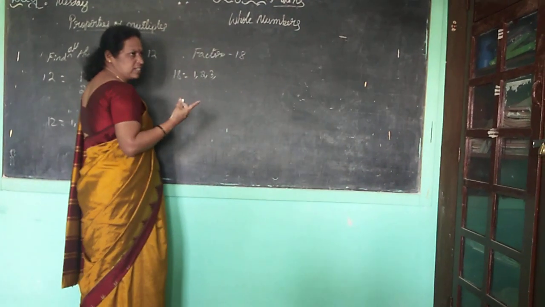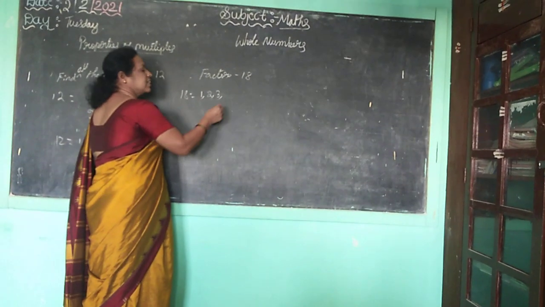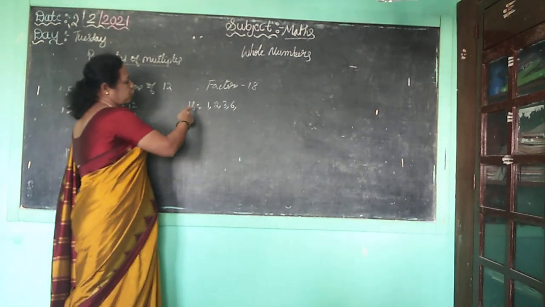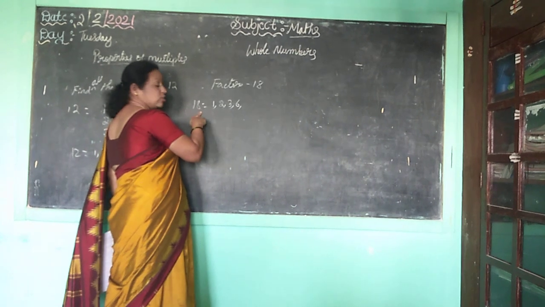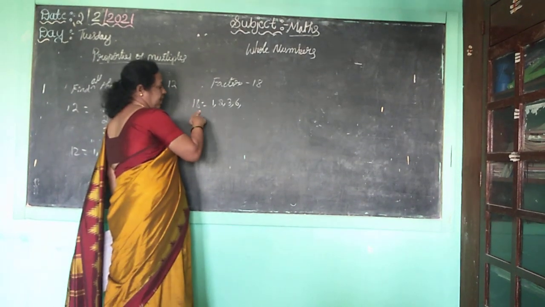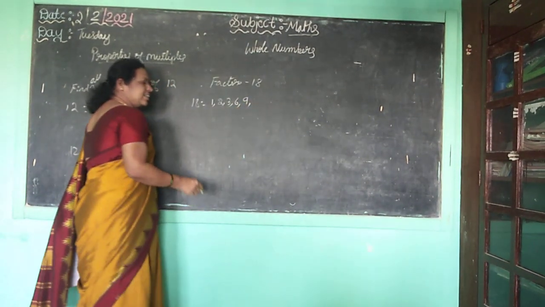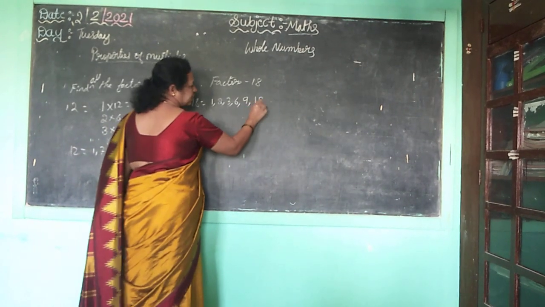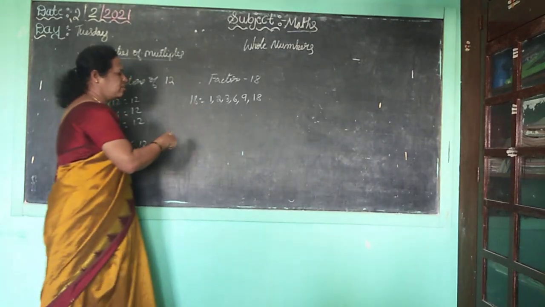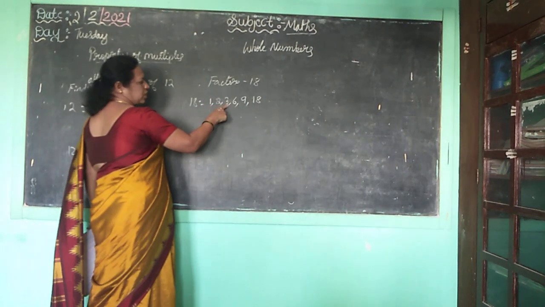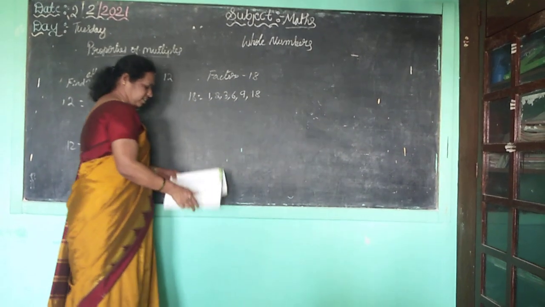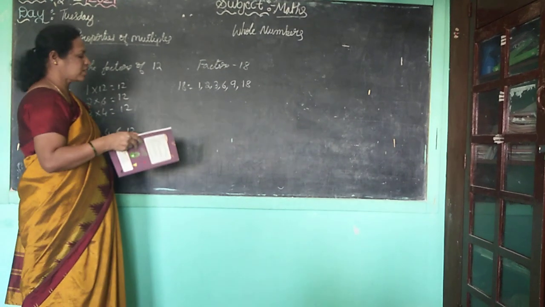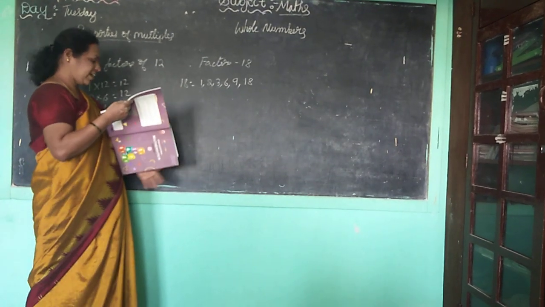Next 5, no. 6 threes are 18. 7 twos are 14, it will not go. 8 twos are 16. 9 twos are 18. 10, 11, 12, no. 18, children. So the factors of 18 are what numbers? 1, 2, 3, 6, 9, 18. So to find the factors of 18 means you have to find which tables it will be divided by. Okay.